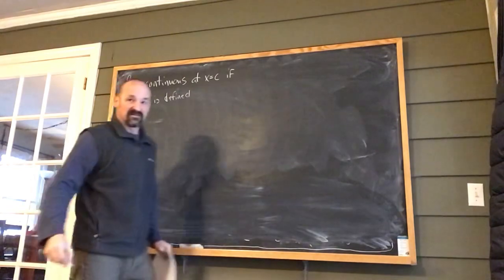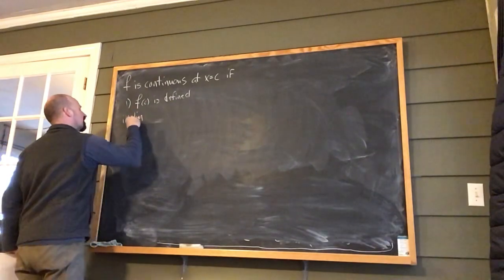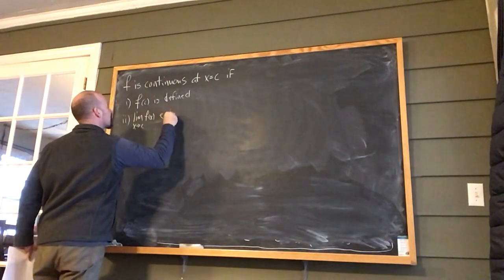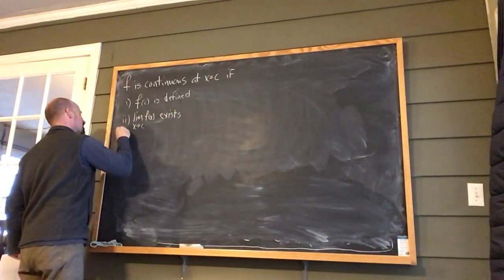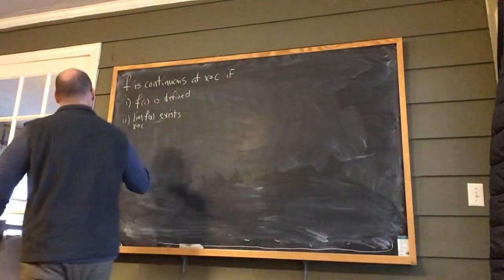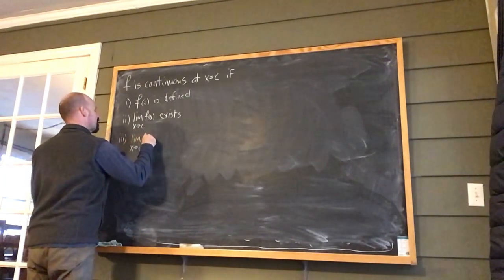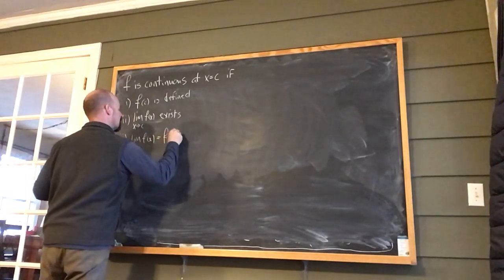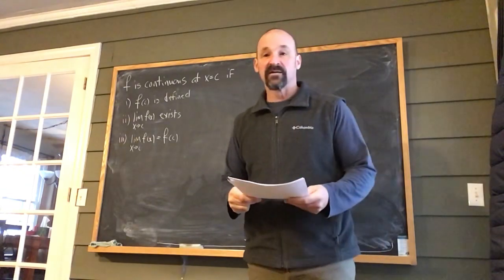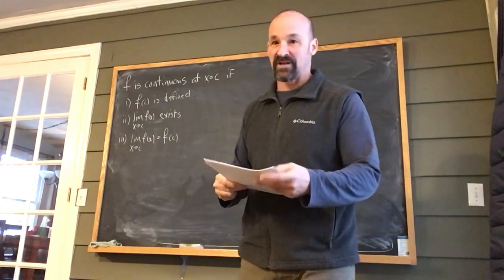Next, the limit has to exist there. And then thirdly, that limit needs to equal the function value. If any of these conditions is not satisfied, then f is not continuous at that point, or we say that f has a discontinuity at x equals c.